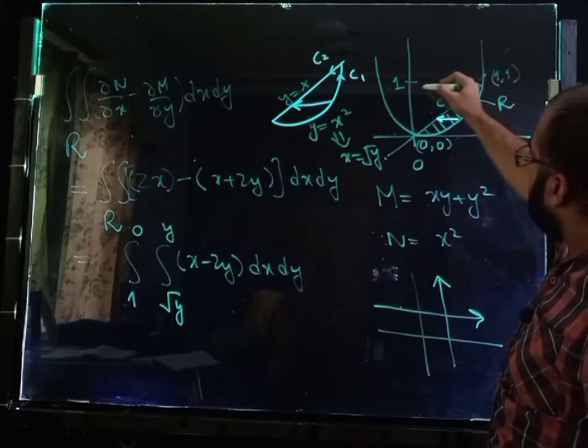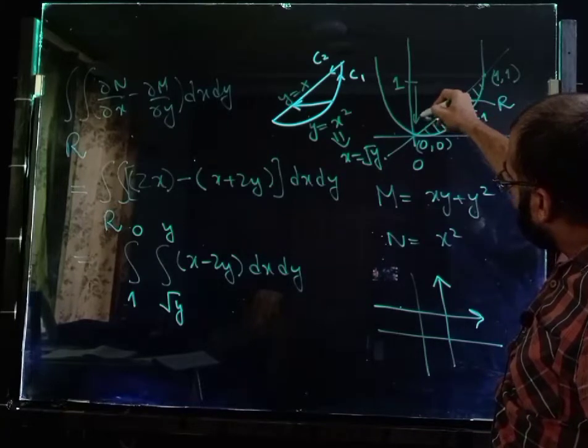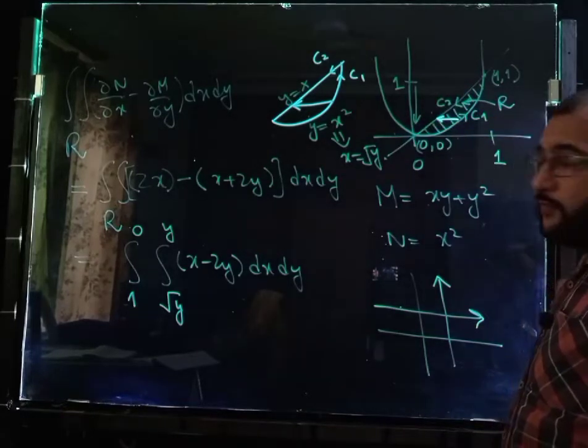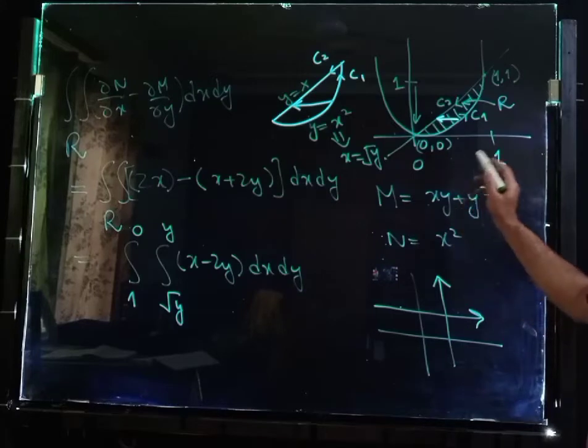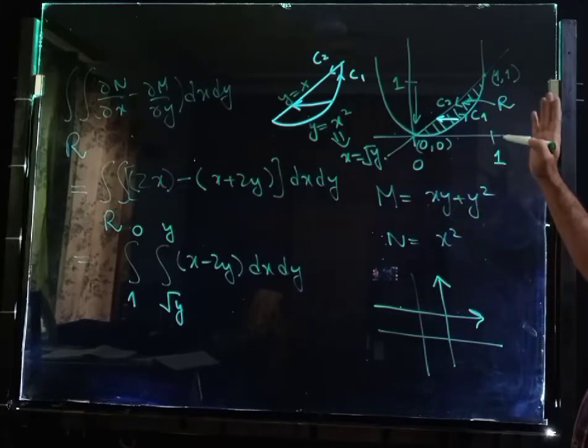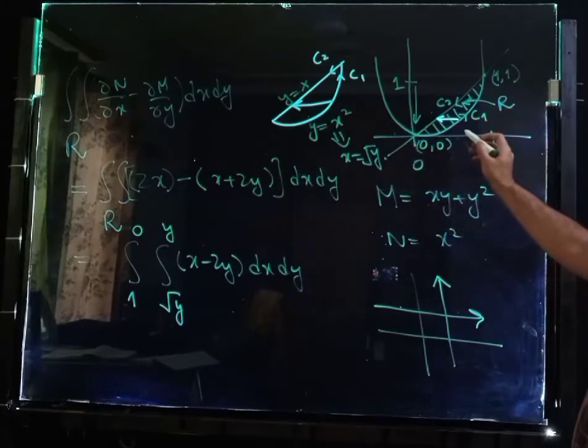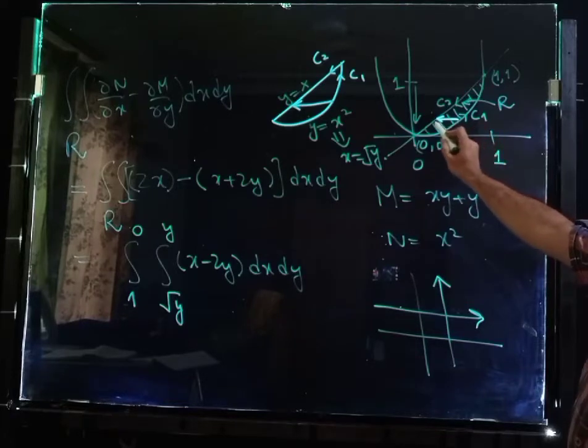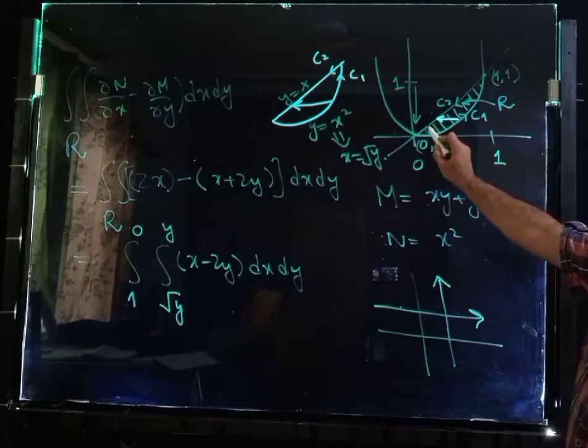So the range of y would be from this one to this one vertically, and for the x-axis we have to move horizontally. We are moving from C1 to C2, so we have to start from y equal to x square and end at y equal to x.